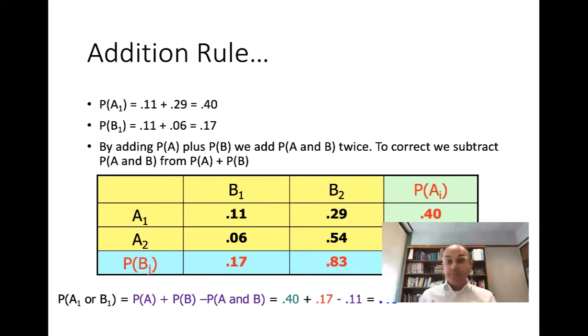So again, this is the layout, and this is where we are adding everything up in order to find the probability. In this case it is 0.46 with regard to the probability of A or B.